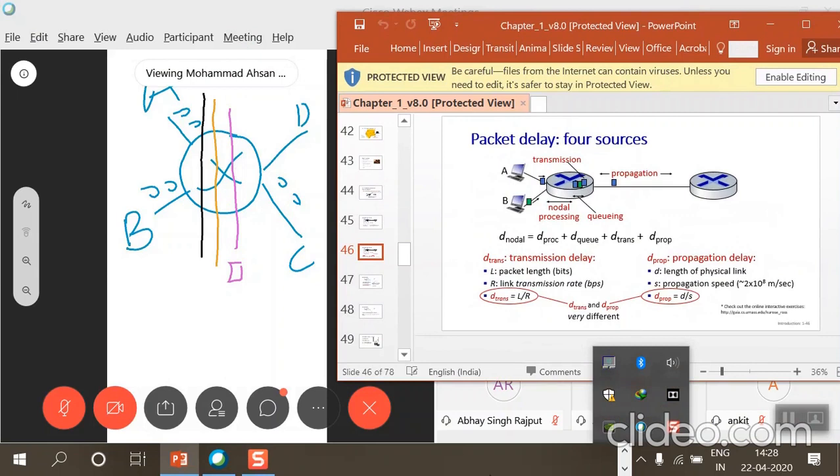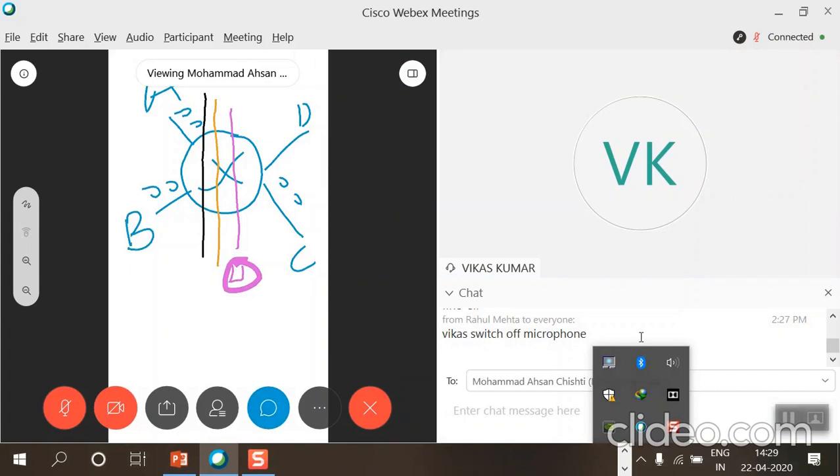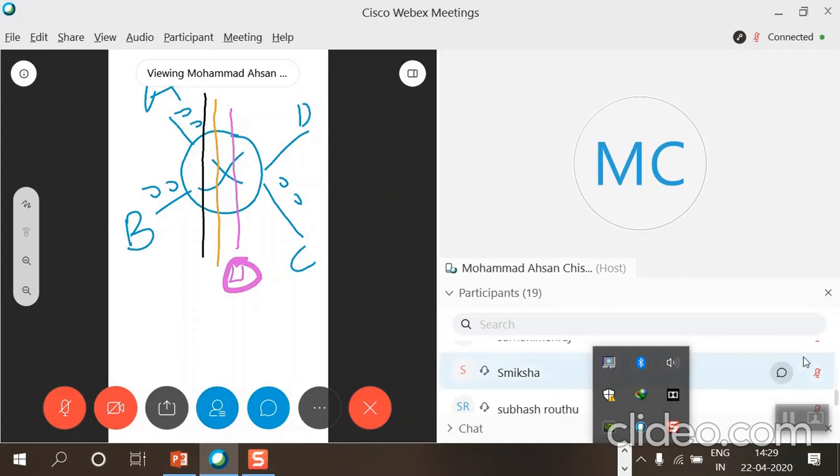It is not the time that it takes on the link to move from the router R to C. No. It is the time that the router takes to move this packet from inside to the link through an interface here. What is an interface? You understand interface, network interface card and so on, that we'll be discussing in layer 1, that is the physical layer.